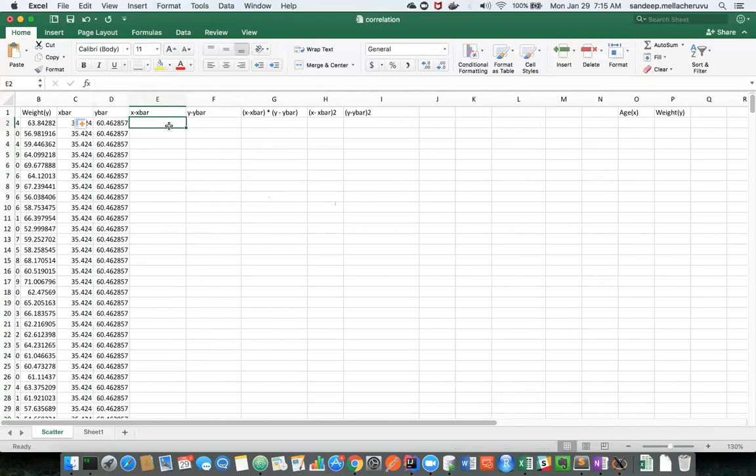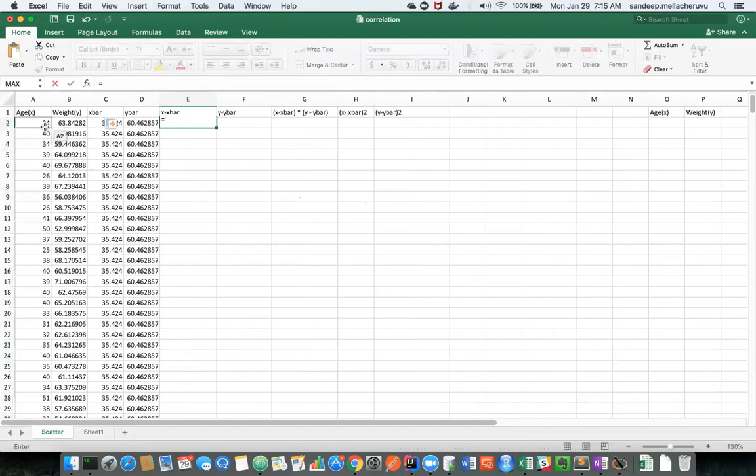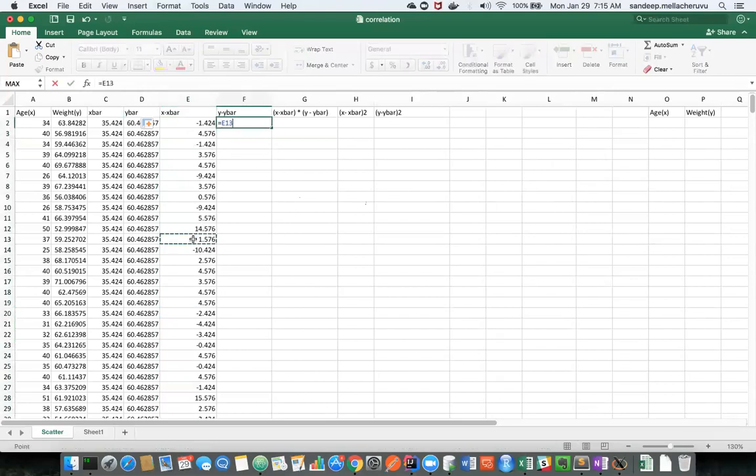Now I can do x minus x bar. This is x and x bar is here. Again, I can do a copy of all these cells. Okay, I have done x minus x bar for all the cells.